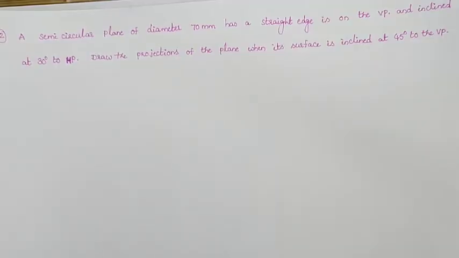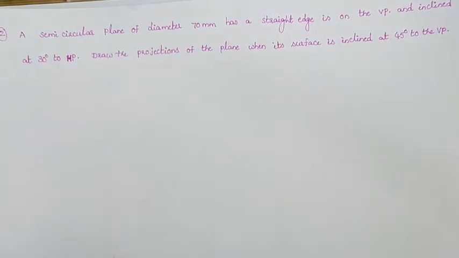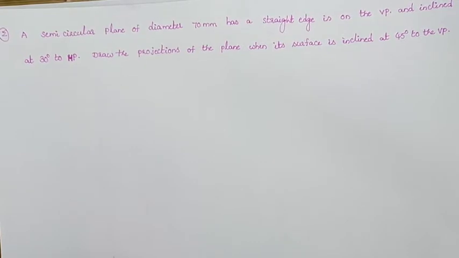Second one: a semicircular plane of diameter 70 mm has a straight edge on the VP and inclined at an angle of 30 degrees to the HP. Draw the projections of the plane when its surface is inclined at 45 degrees to the VP.